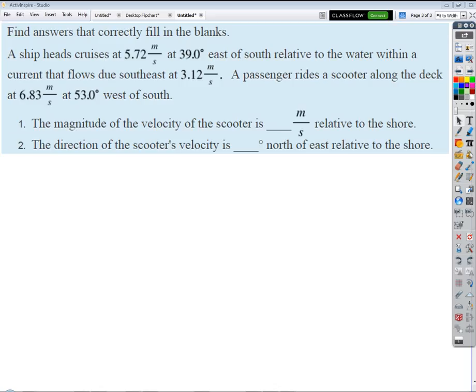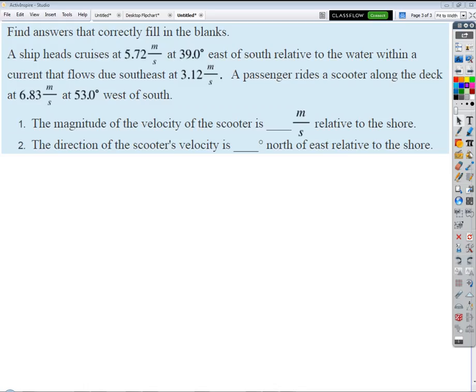Okay, so here's the situation we've got here. We've got this ship that cruises at 5.72 meters per second at 39 degrees east of south relative to the water, within a current that flows due southeast at 3.12 meters per second. A passenger rides a scooter along the deck at 6.83 meters per second at 53 degrees west of south.